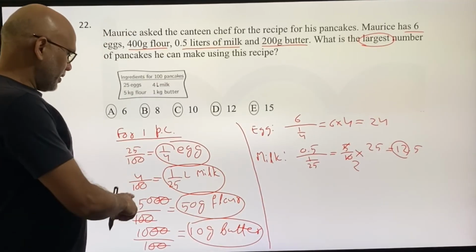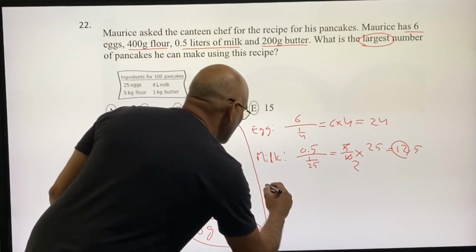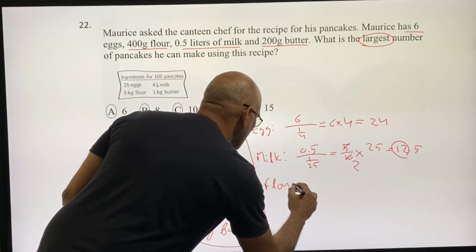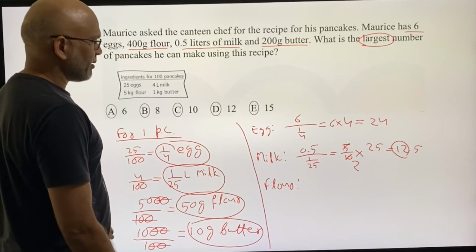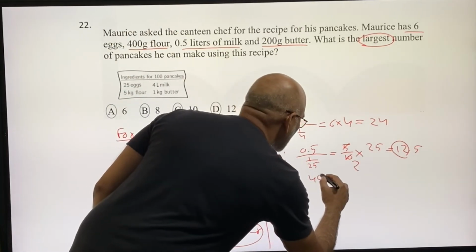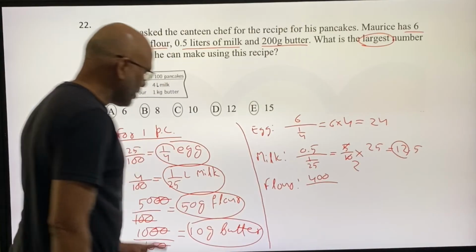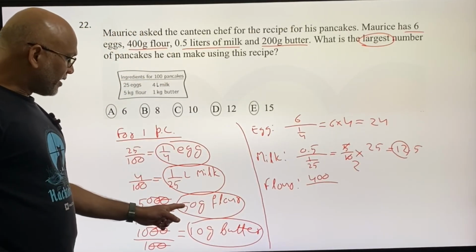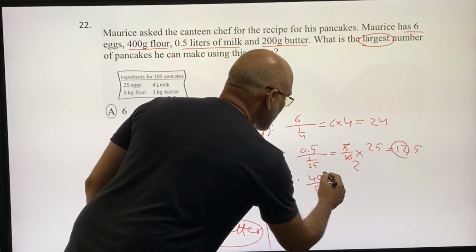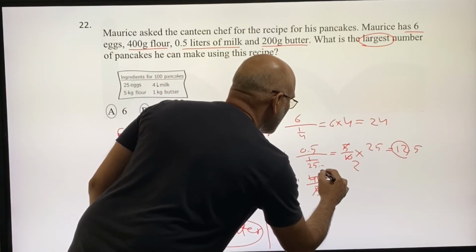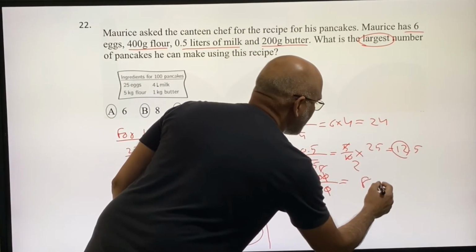Okay. Next is flour. How much do I have? 400 gram. I have 400 gram, but for one, I need 50 gram, right? So this is going to be 8, right?